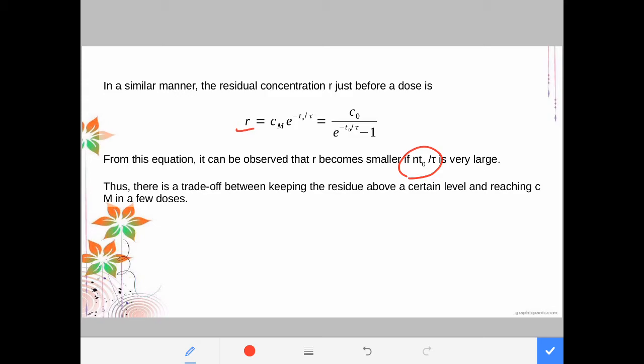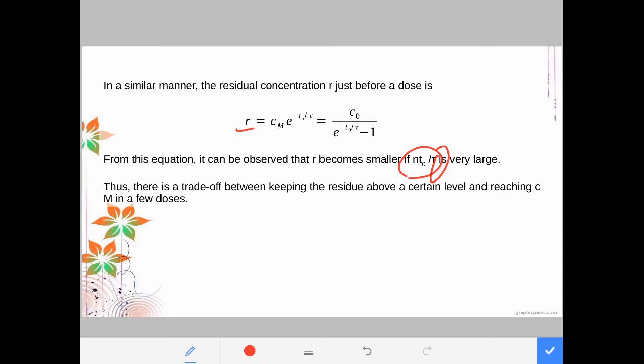That means if you have a large interval between dosage, the residual concentration drops significantly. Or even if you have a high tau, that means the drug disappears rapidly from the system, so you have a smaller R.